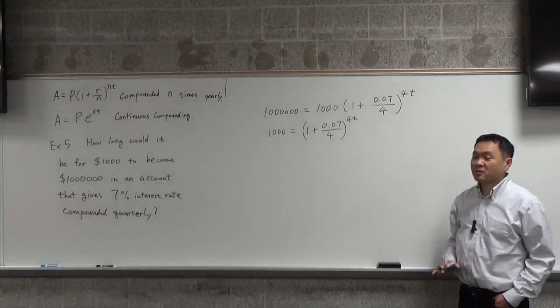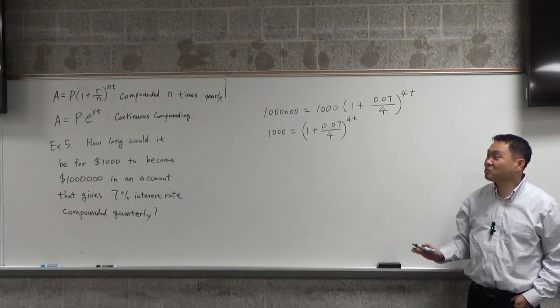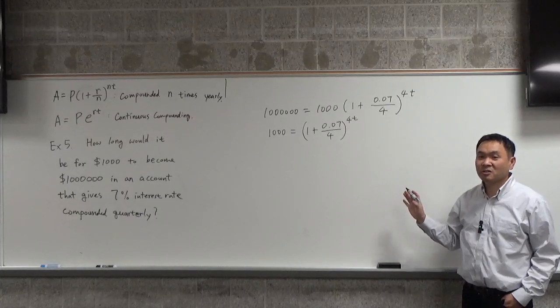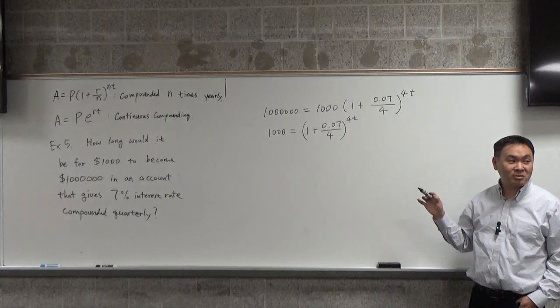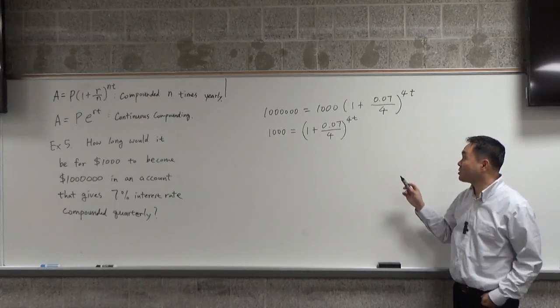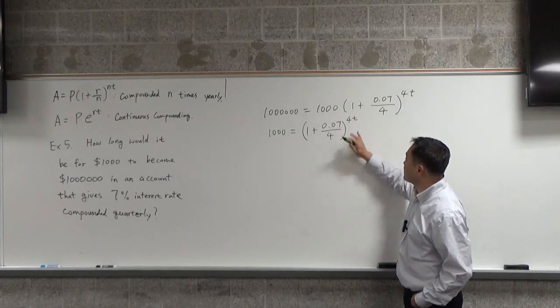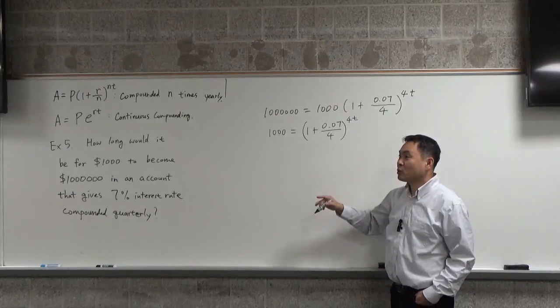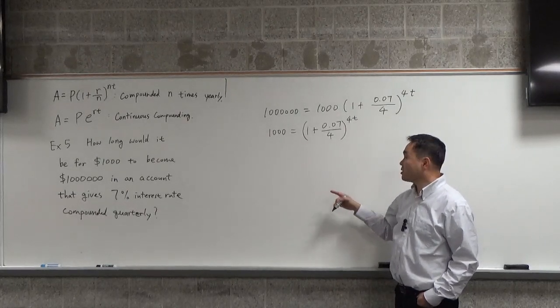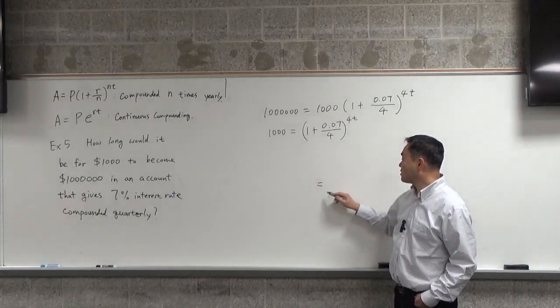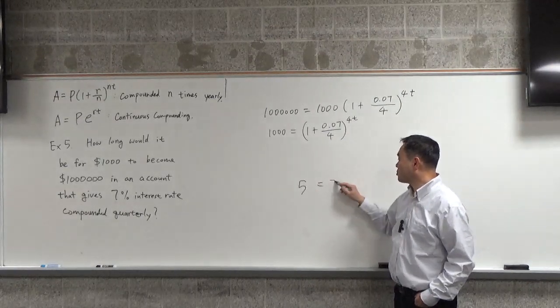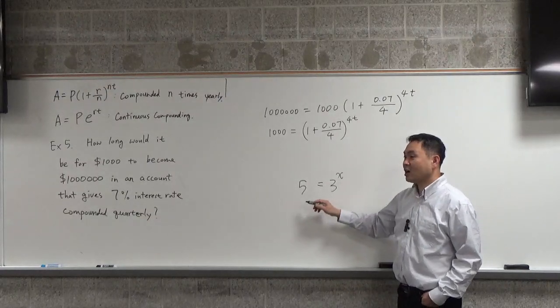Now the problem here is that this will be the hardest question among all the examples that we solved today, because it's a bit different than what we were doing so far. See, when I was teaching you equations, if I had something like 5 equals 3 to the x, how do you solve this?